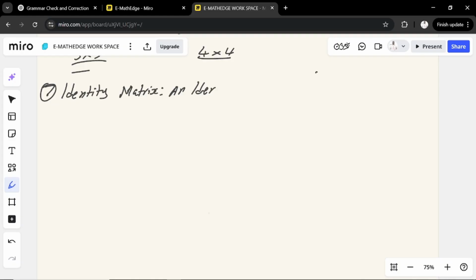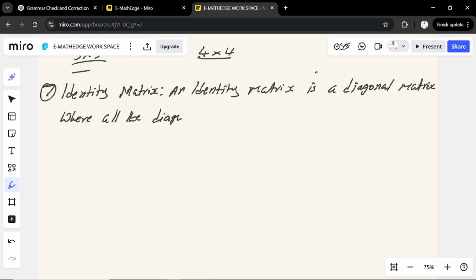An identity matrix is a diagonal matrix where all the diagonal elements are 1, right?